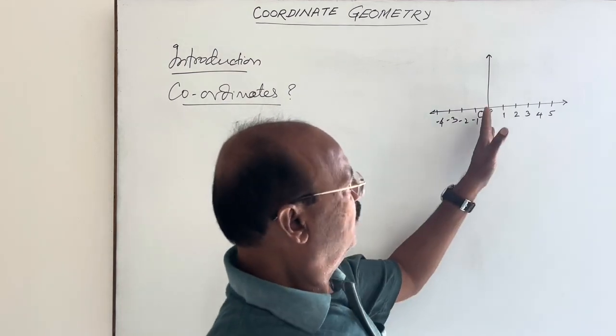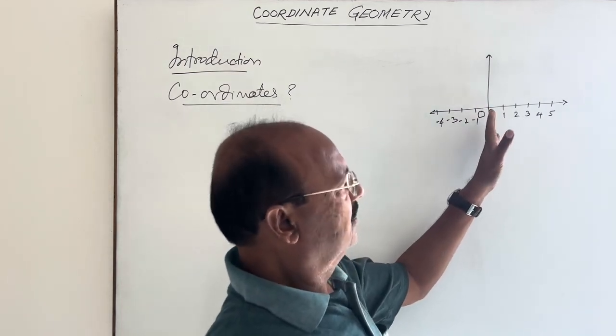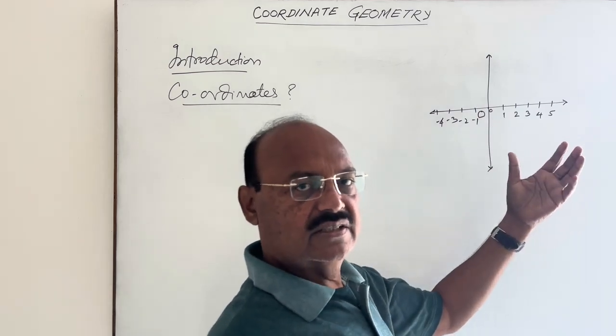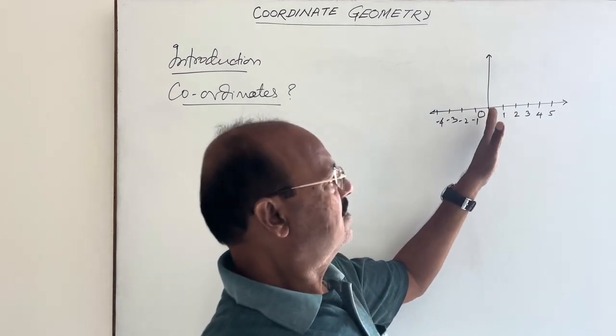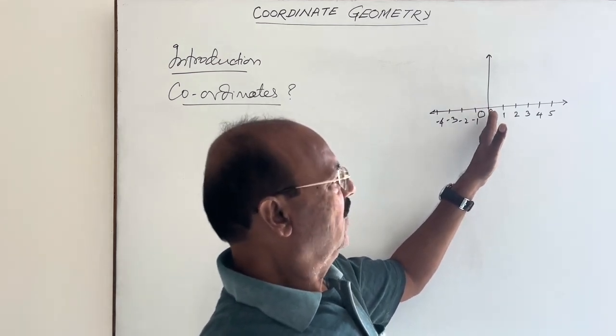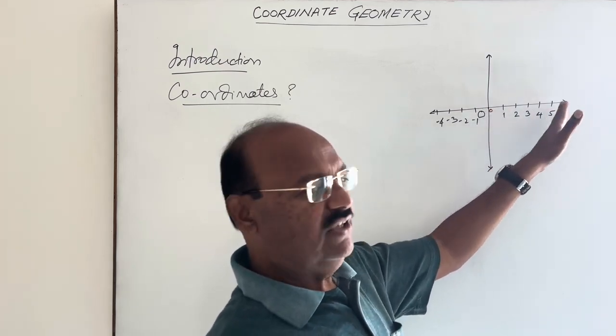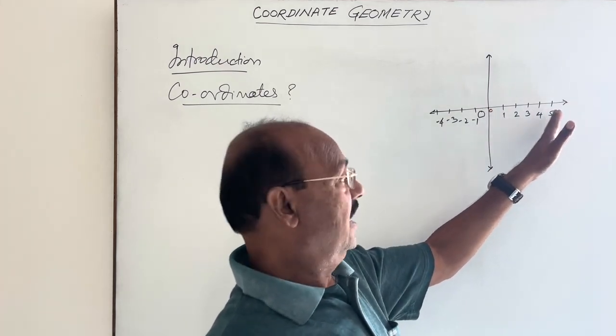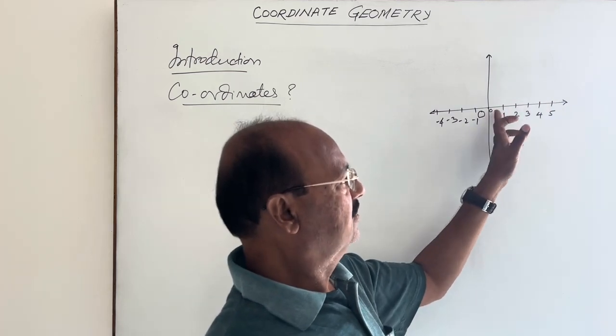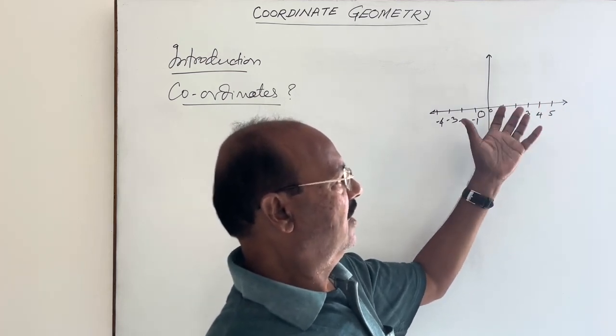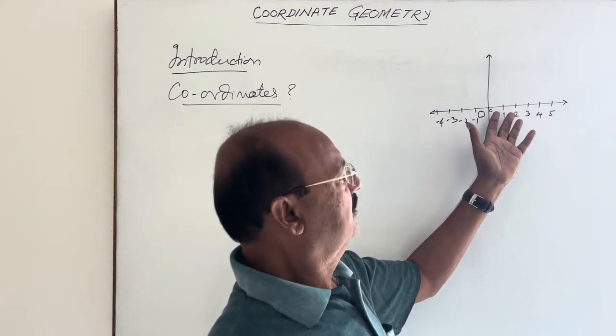On the right side these are positive integers, or you can say all real numbers are here. Between 0 and 1 there are infinite real numbers.